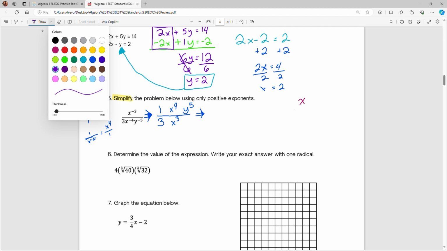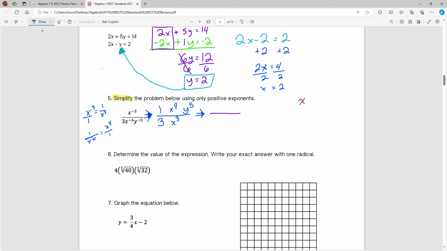So I've got, yeah, that's an invisible 1. So I'm going to let it go now. I'm only left with an x at the top. My x's at the bottom all canceled out with x's from the top. So I'm left with an x at the top. There are no y's at the bottom to cancel out.